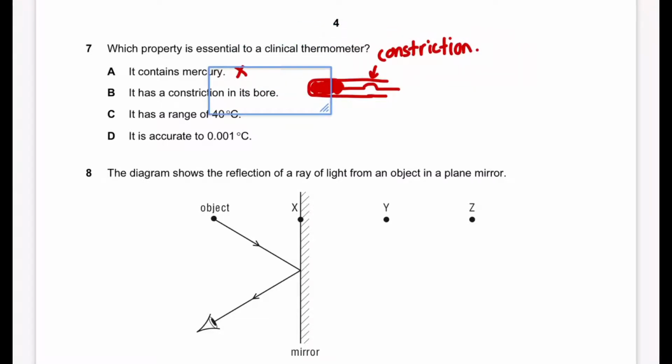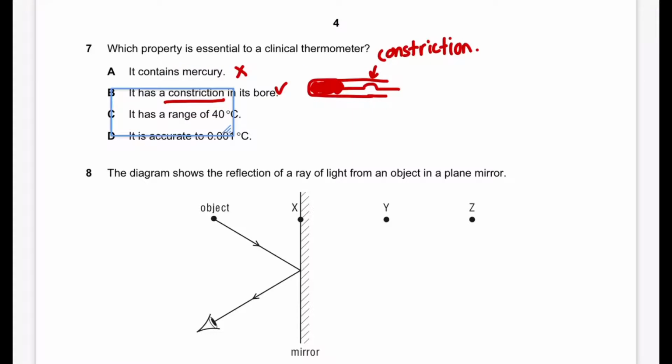The function of the constriction is to stop the level of the liquid from falling back into the bulb too quickly. This helps the nurse to take down the correct reading of the temperature of the patient. That's just an example. So the feature of having a constriction is very important in this case.